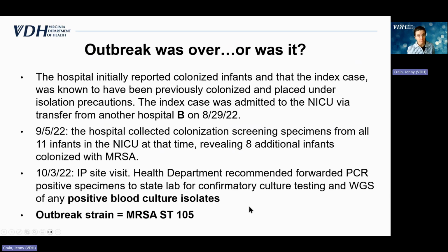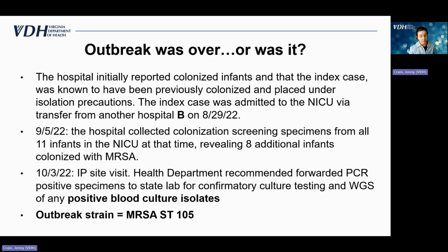Okay, so was the outbreak over or was it? The hospital initially reported 4 colonized infants and that the index case, known to have been previously colonized and placed under isolation precautions, was then admitted to the NICU via transfer from another hospital, B, on August 29th. So again, look at your line list and see where this particular case was.